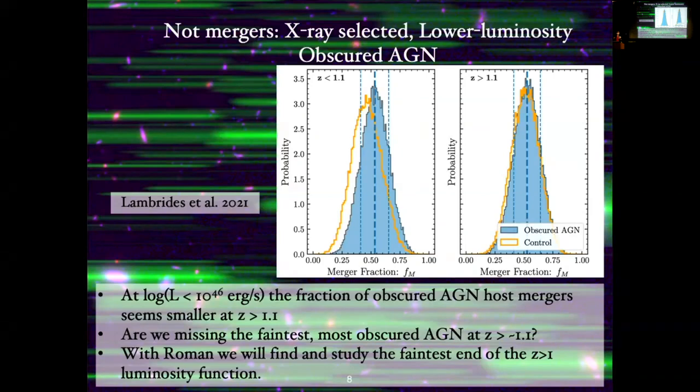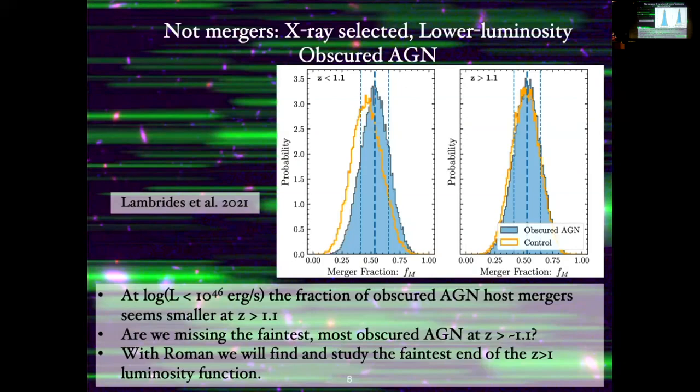In this work by Lambrides et al. 2021, the point is that the blue histogram that represents the AGN differs from the control sample, the orange histogram, in the nearby universe, but they are all on top of each other at a redshift greater than 1.1. So basically, in the nearby universe you have a difference between the merger status of obscured and non-obscured AGN, but at higher redshift it's more challenging to figure this out.